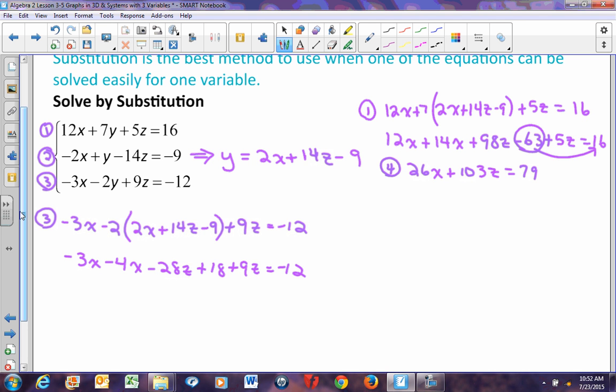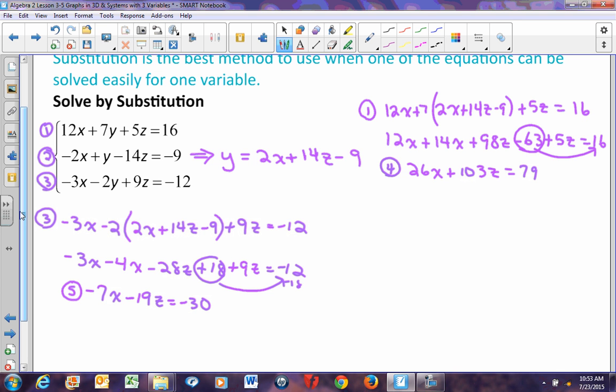Combine my terms. That will give us negative 7x, negative 28 and 9 is going to give us negative 19z. And if I move my 18 to the other side, I'm going to subtract it, add those together, it's going to be negative 30. So that gives me equation number 5.